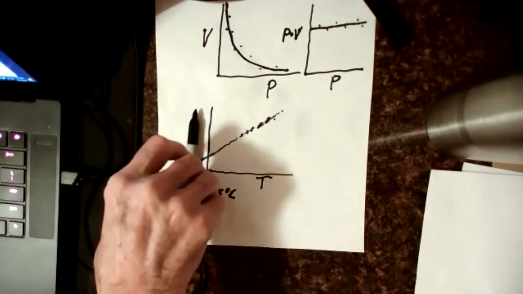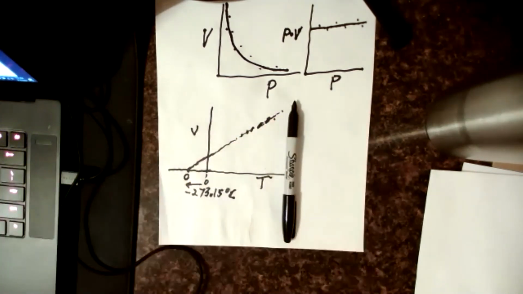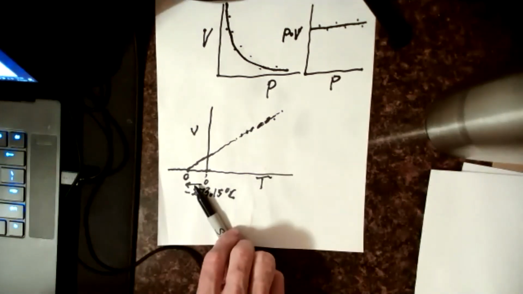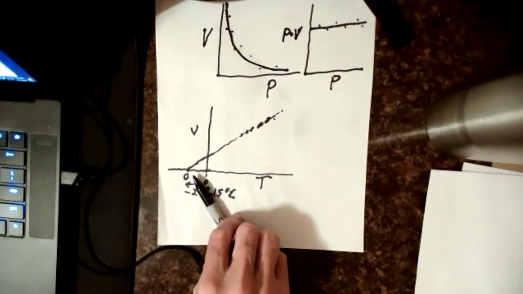So when you get to absolute zero, you can't really say that at absolute zero there is no heat energy. We don't know. All we do know is there's nothing colder than what we call minus 273.15. So that is our absolute zero temperature.